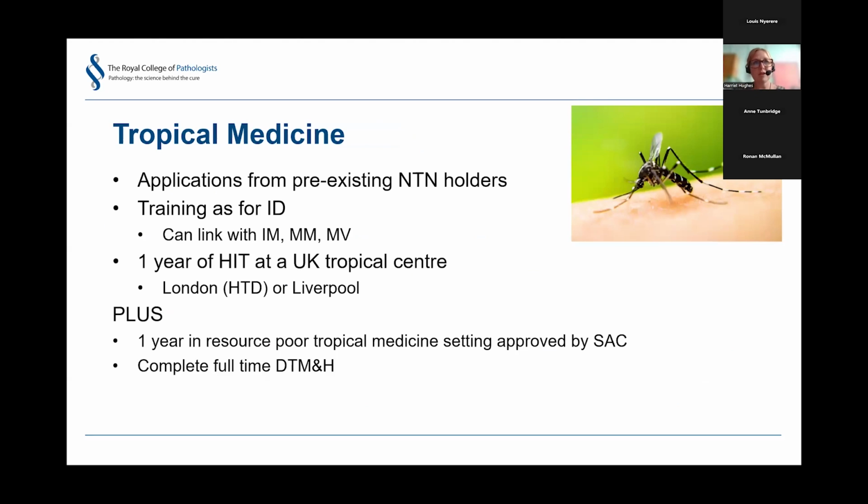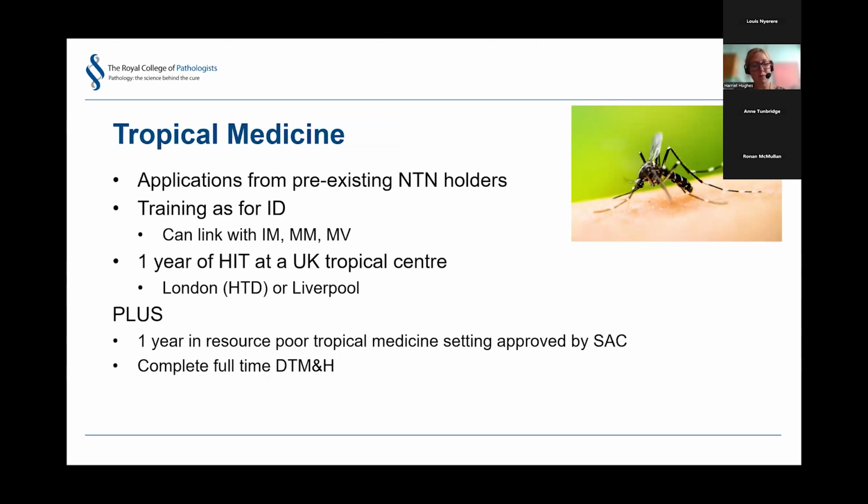It's worth just mentioning briefly tropical medicine, because this may be something you're less familiar with. Applications for tropical medicine are from pre-existing NTN holders like yourselves. And the training is as for ID, and it can link with IM, medical microbiology, medical virology.